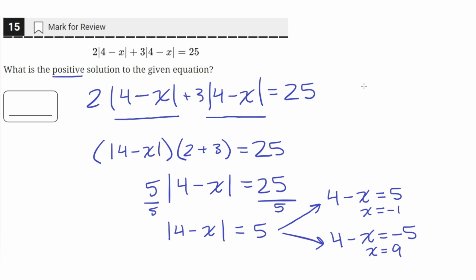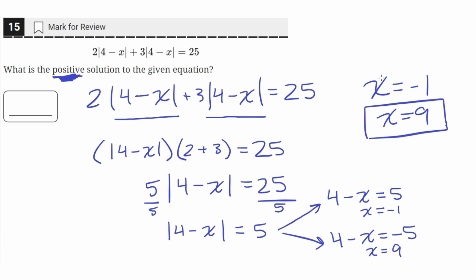Okay, so now we have two solutions, x equals negative 1 and x equals 9. But the problem asks for the positive solution. So we just use the x equals 9 solution, since 9 is positive, and not the x equals negative 1, since negative 1 is negative. So the answer is 9.